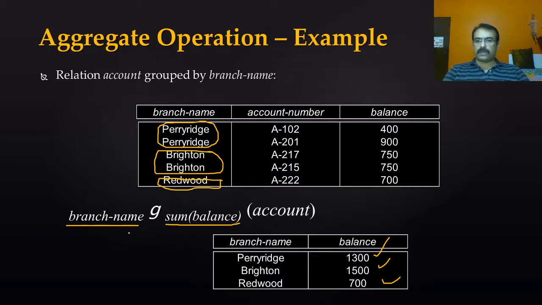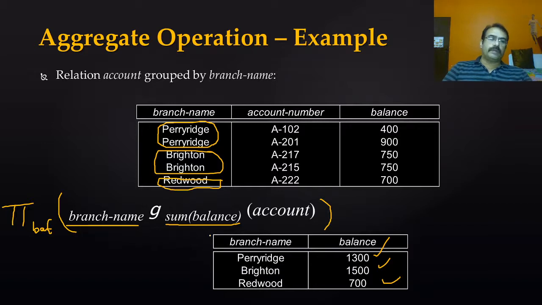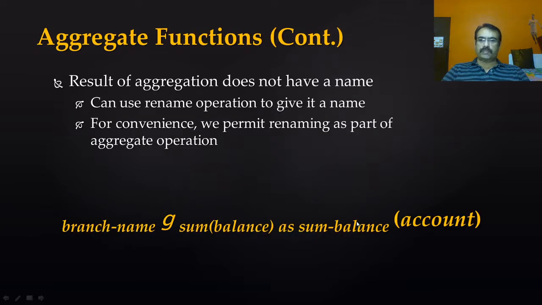I am just telling you how it is used in relational algebra, and as it is producing a result, it can be used with, say, pi balance. So only balance will be printed out of it. Or with sigma, I can impose any condition if I want. So this is the aggregate operation which we can make use of.